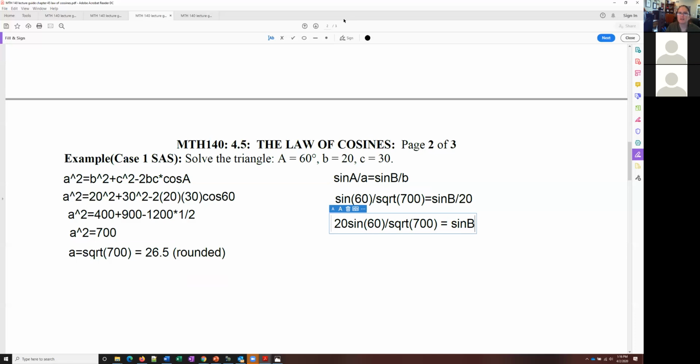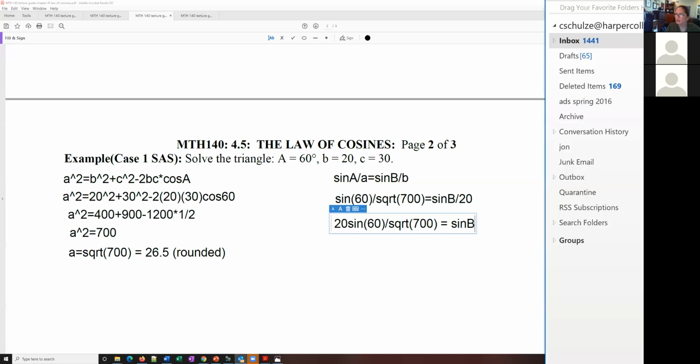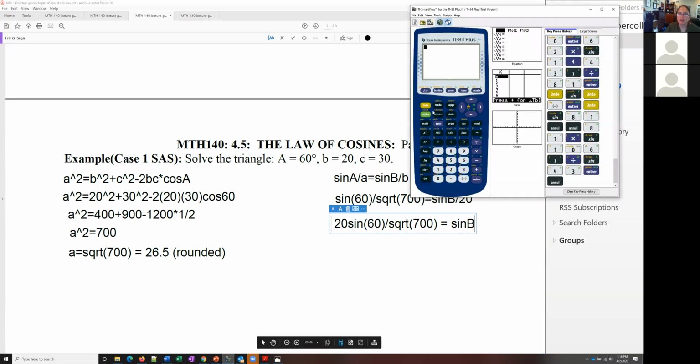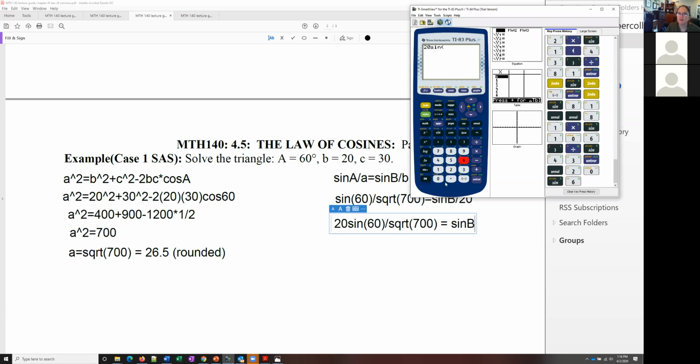And now I'm going to go ahead and check with my calculator to see what that's going to give me. So I'm going to do 20 times the sine of 60 degrees divided by the square root of 700.